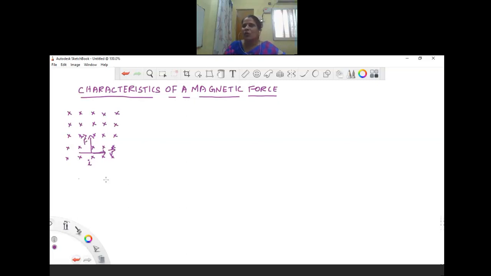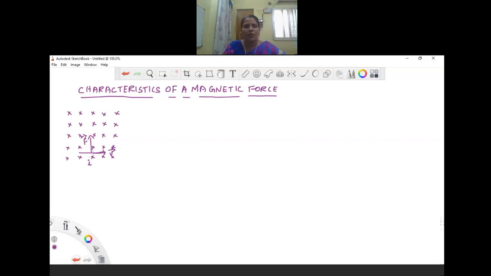Now let's see what happens because of this force. This magnetic force can either increase or decrease the velocity, or it can also change the direction.